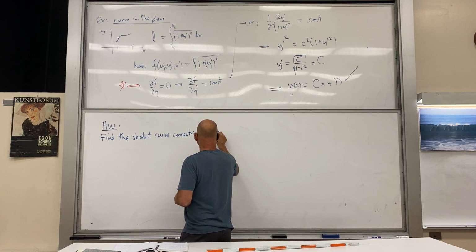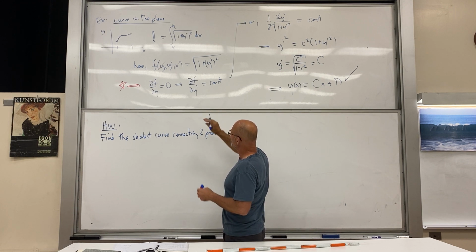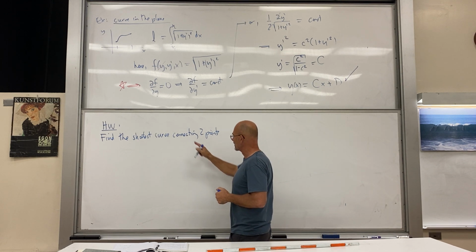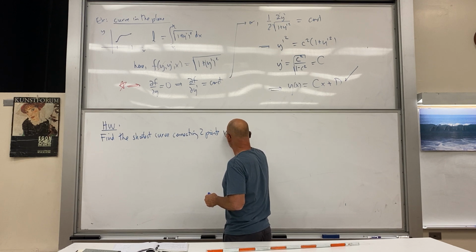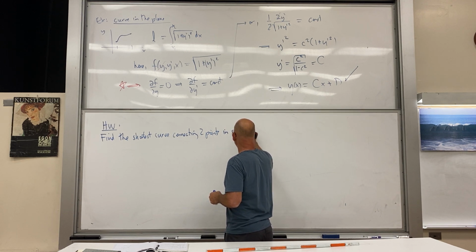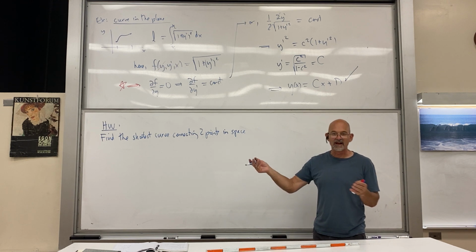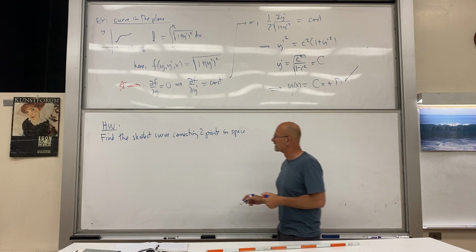And what we're going to have to do is extend the formalism to functions of many variables, which we will do before the hour is out. But I'm just going to put the homework formulation right now. So shortest curve connecting 2 points in space. And this is just Cartesian 3 space, so we know the answer there is going to be a straight line as well. That'll just be a slight generalization of that problem right there.